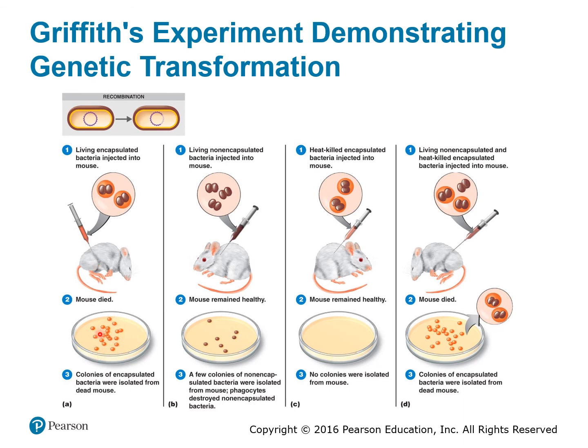But in the lab, they were able to take a sample from the dead mouse and culture the colonies. When they looked at them under the microscope, those bacteria were definitely the encapsulated Streptococcus pneumonia.